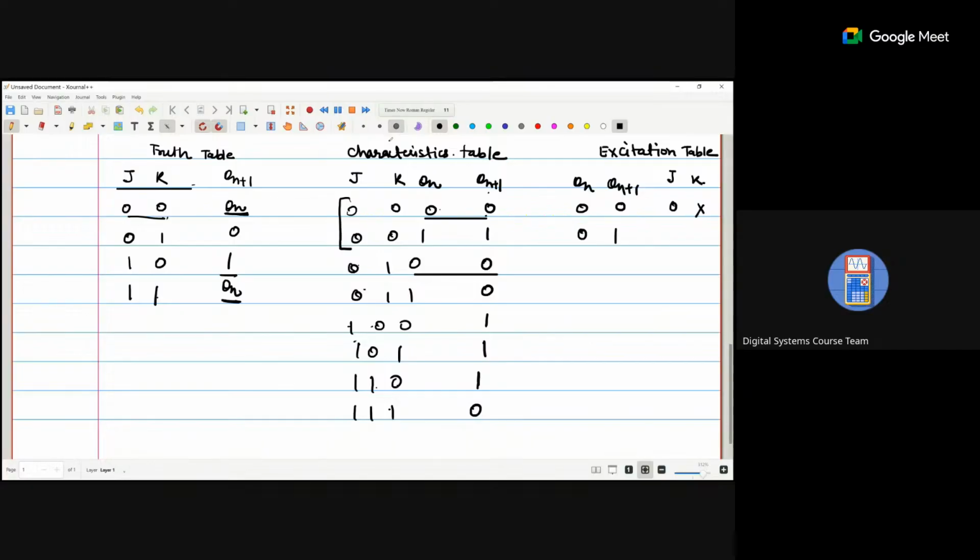0 1, 0 1 and 0 1. J is constant and K is variable. 1 0 and 1 1.